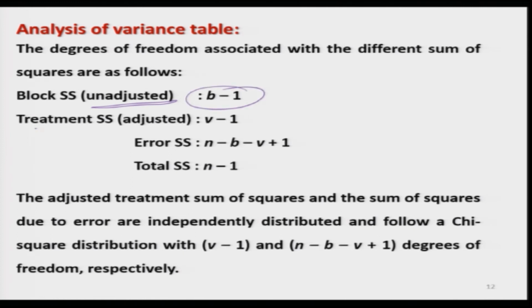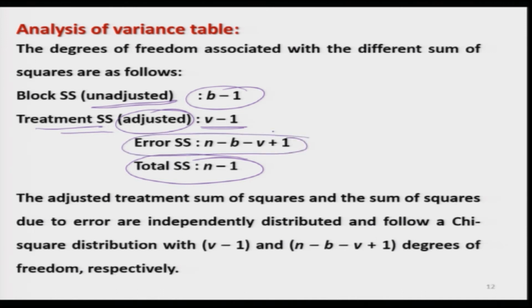The treatment sum of squares, which is now adjusted, will again have the same degrees of freedom we had learnt earlier, and total sum of squares will have n minus 1, and error sum of squares will have the degrees of freedom obtained by subtraction, which will come out to be n minus b minus v plus 1. Right. Now, the reason for this, why this is happening.